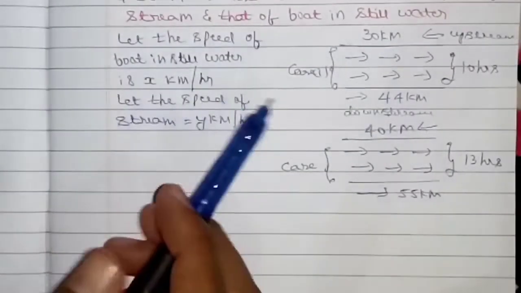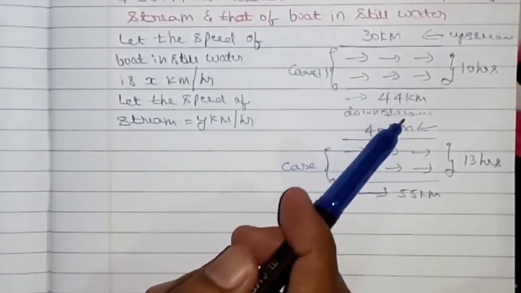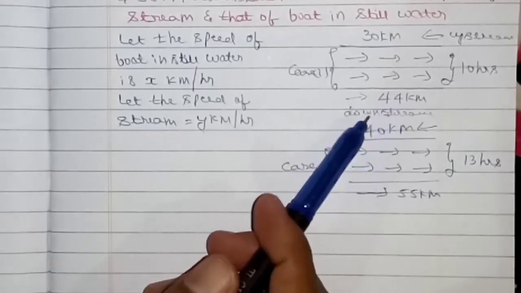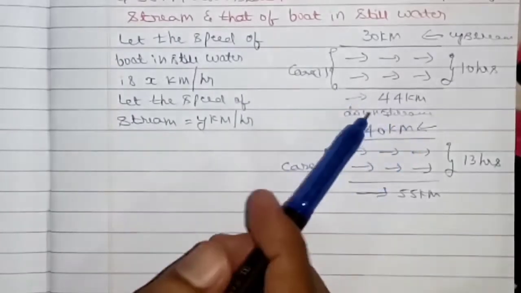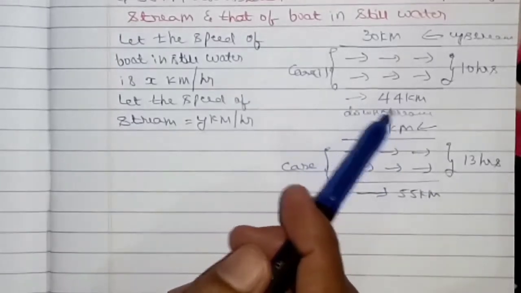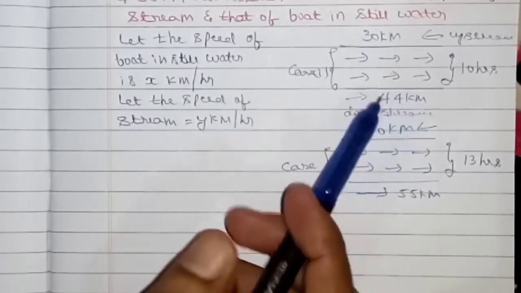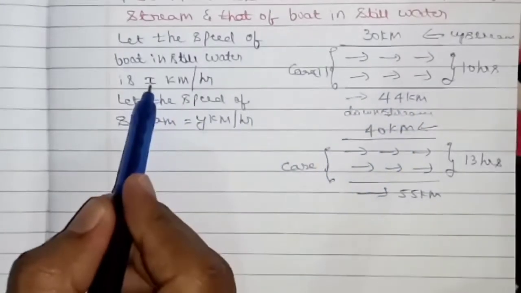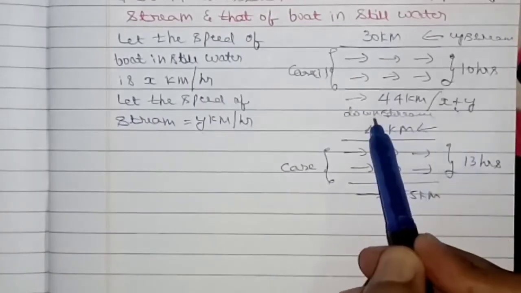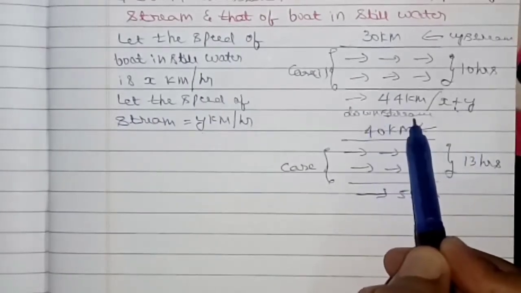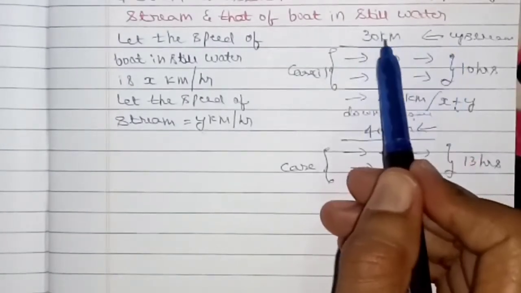Now what is the speed of the boat towards the downstream? Towards the downstream means the boat is moving along with the water. So for the downstream you need to add: x plus y is the speed of the boat towards the downstream. Okay children, now what is the speed of the boat towards the upstream?